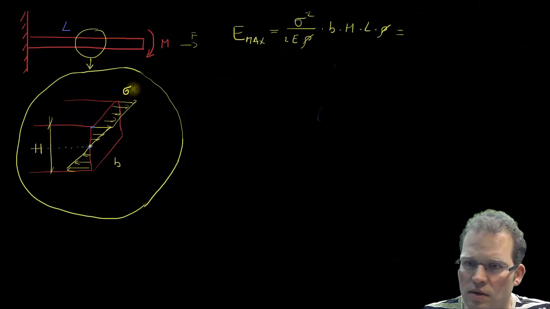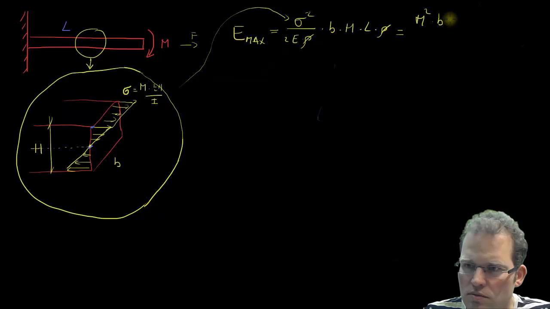And then we get for sigma, sigma is M times a half H divided by the moment of inertia, and if we insert it into this formula, then it will be all squared, and we get M squared times B L, and the H is also there, should be squared, so H to the power of 3.